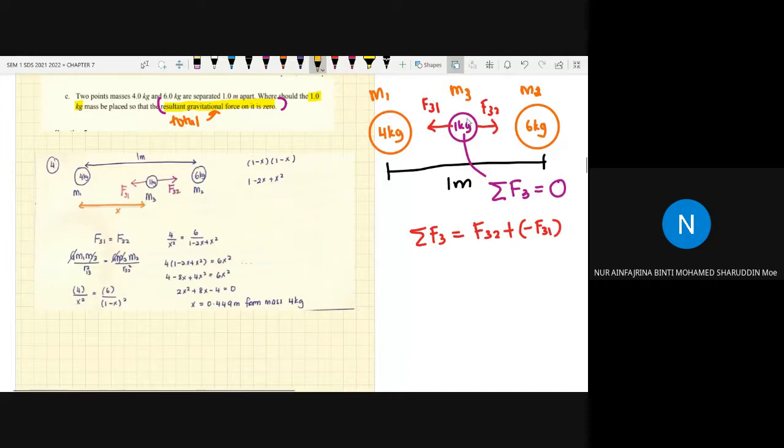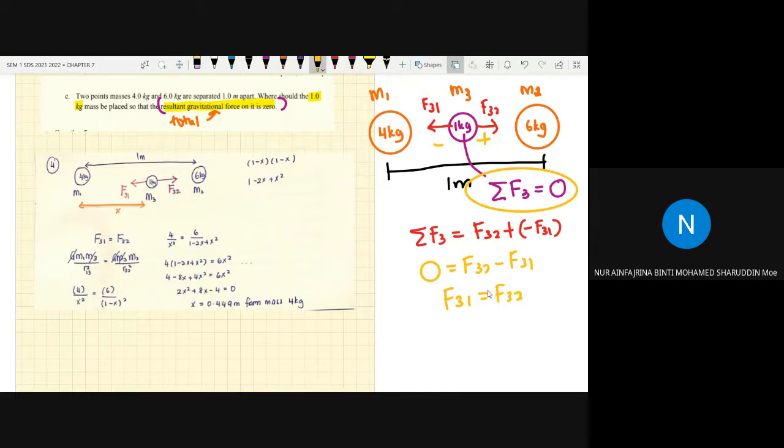Like I told you before, to the right is positive and to the left is negative. Dan kita nak make sure dia punya resultant adalah zero. Jadi 0 equals F32 minus F31. Therefore, your F31 equals to F32.